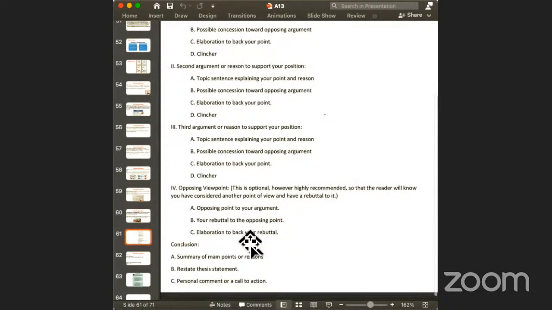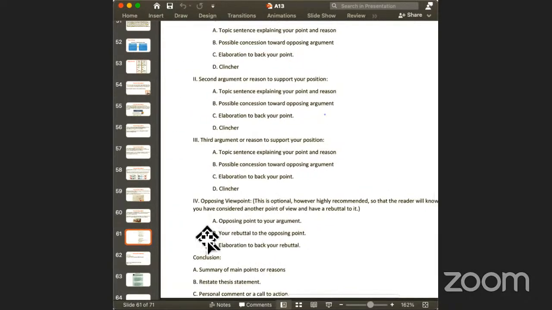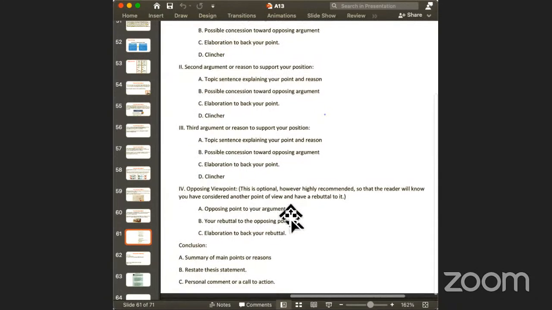And at the end, this is optional, you don't have to, but it's very recommended that you mention the opposite view of your topic. Oh no, it's not true. Dogs are not better than cats because it's expensive to have dogs, for example.